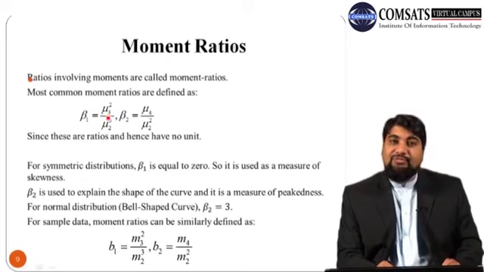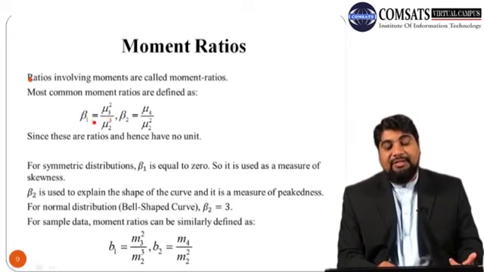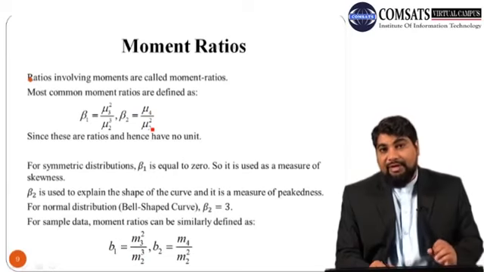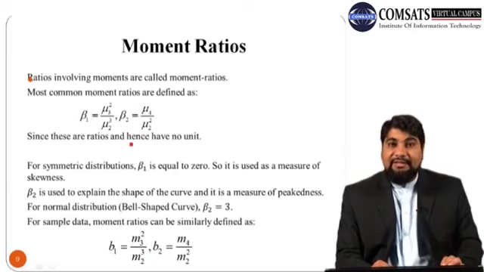So beta 1 is the ratio of square of the third population moment and the cube of the second population moment, and beta 2 is the ratio of the fourth population moment and square of the second population moment. One very important point to note is that since these are ratios, they have no unit.